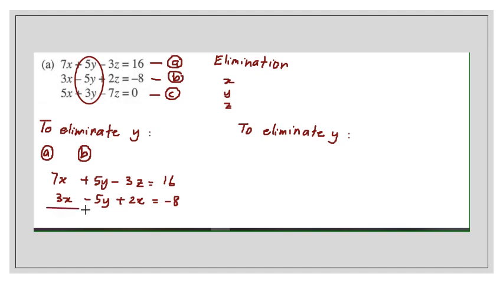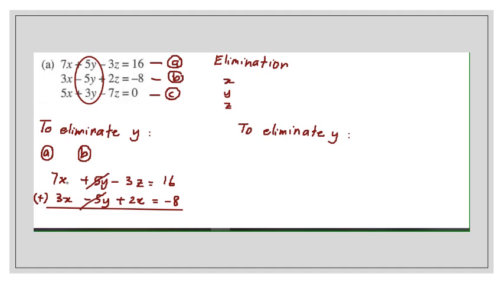And we do our plus or minus to eliminate y. Please look here: positive 5y, negative 5y. To make it equal to 0, we have to use the operation plus, because 5 plus negative 5 is 0y. Then this one will be cut.